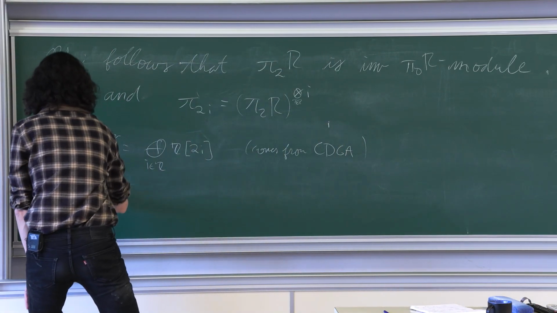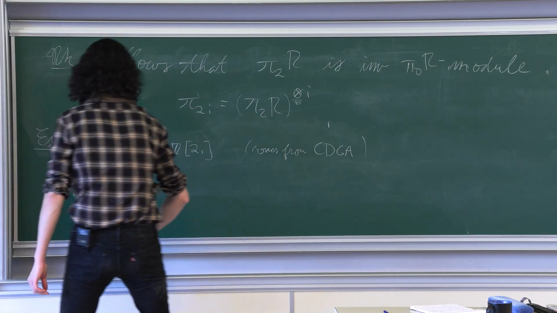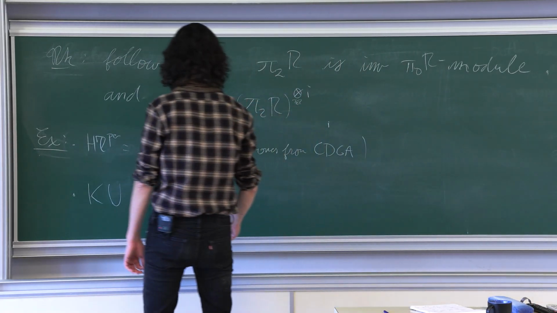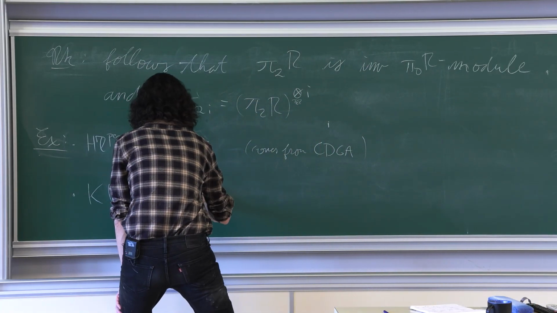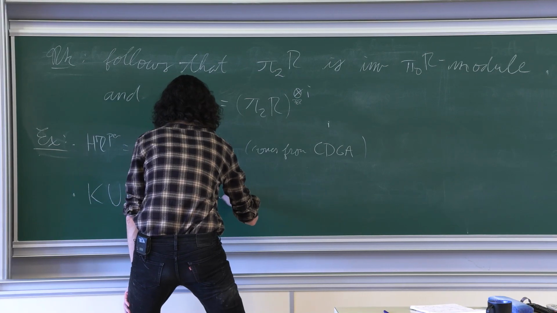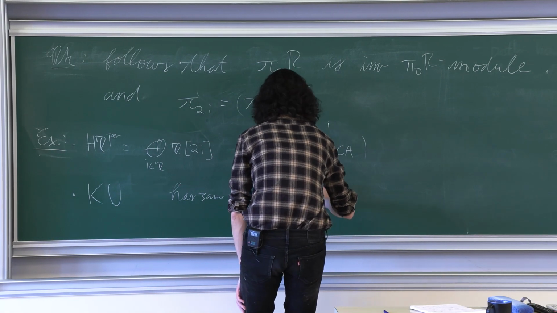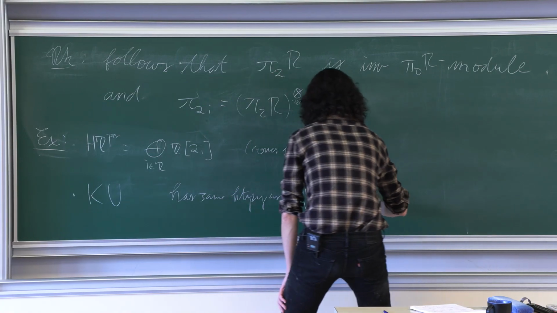But another example is KU, again, topological complex K-theory. This has the same homotopy as HZ periodic, but it's different.